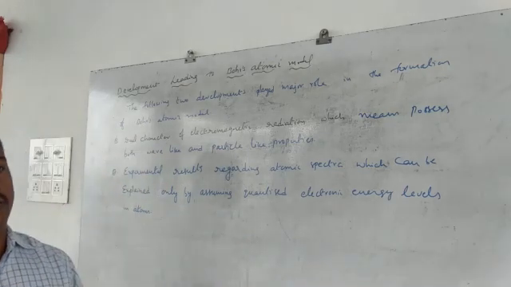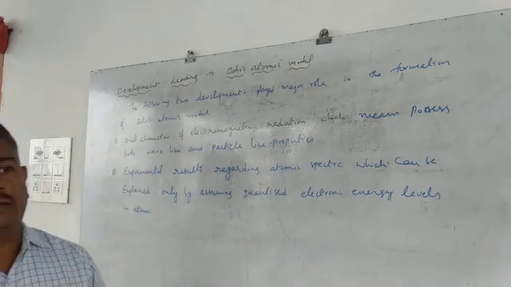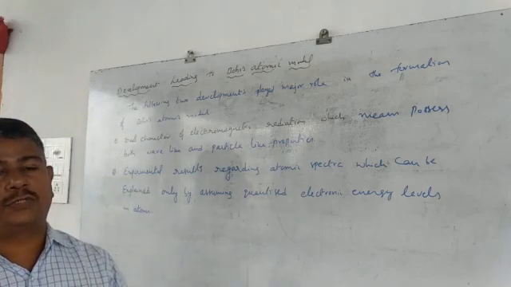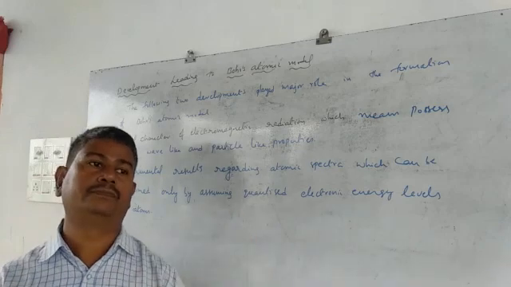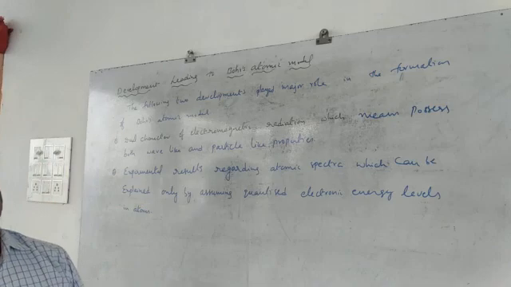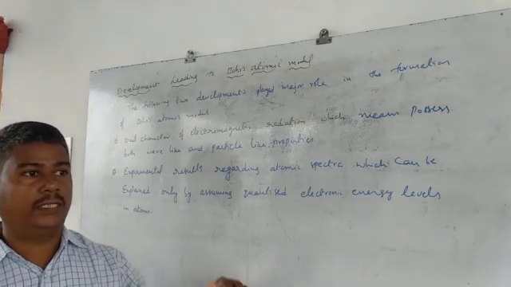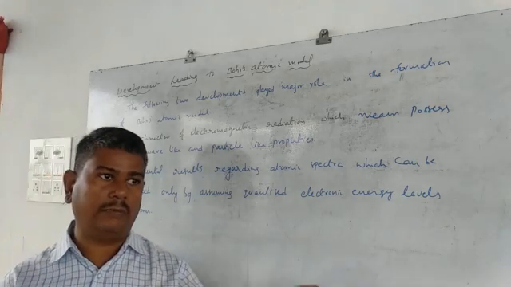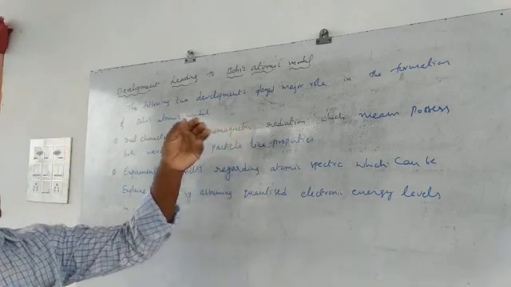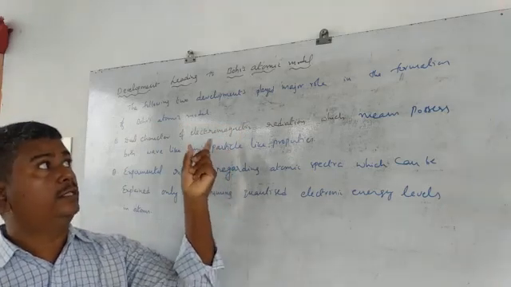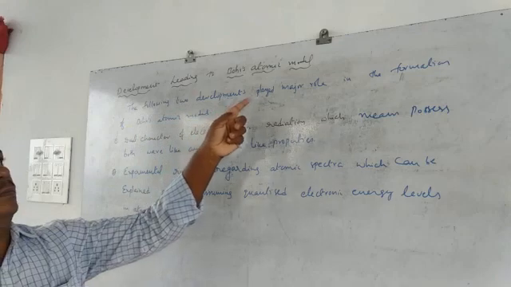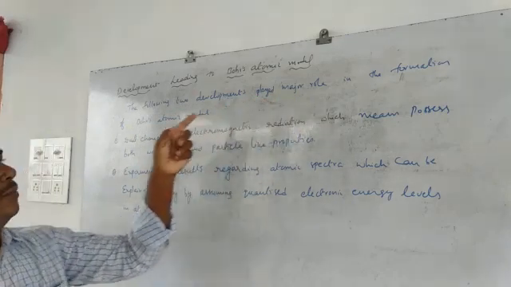So according to him, he mainly followed Planck's quantum theory of radiation. Before discussing Planck's quantum theory of radiation, what are the drawbacks in Rutherford's atomic model that can be rectified by which one? Niels Bohr.